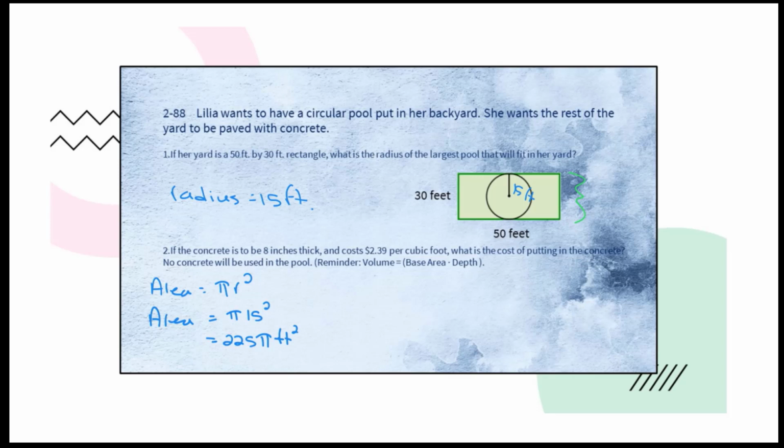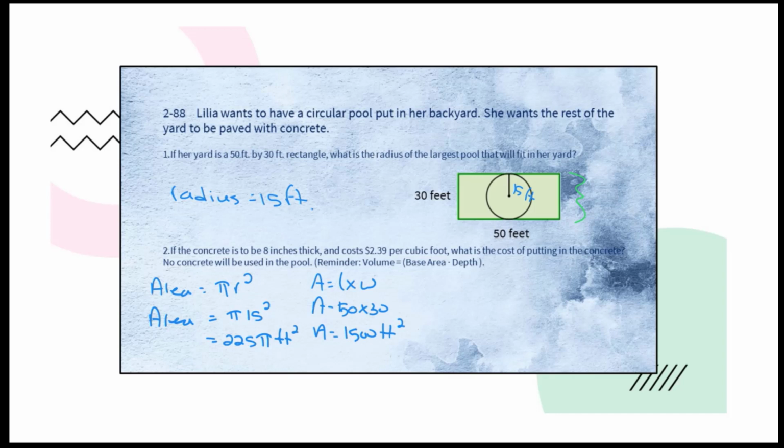Then we need to find the rectangle. Well, the area of the rectangle is just length times width. So that will equal 50 times 30. So the area for this is 1,500 feet squared. Okay.